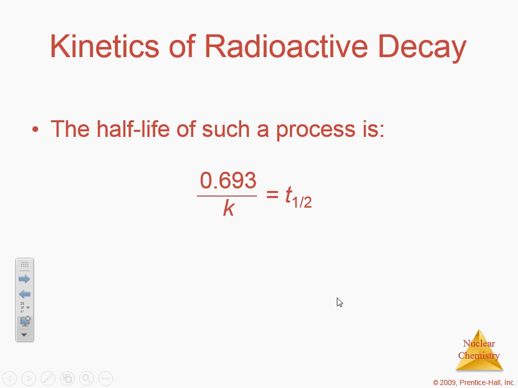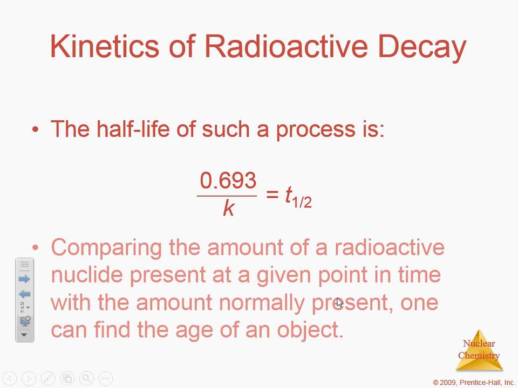Remember we talked about the half-life of reactions. A lot of times the half-life of radioactive decay is more important. So if you want to figure out the time that it takes for half a sample to decay, you're going to take 0.693, which is really the natural log of 2, and divide it by k, your rate constant. That is equal to your half-life.